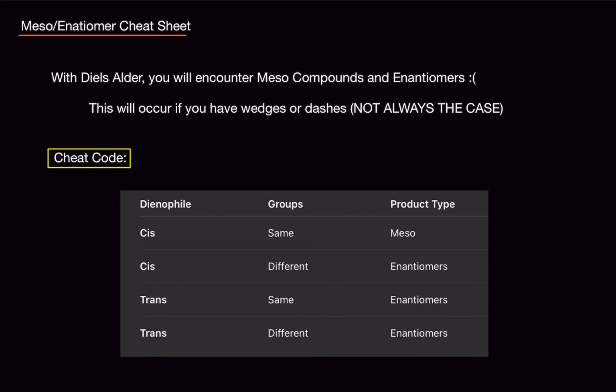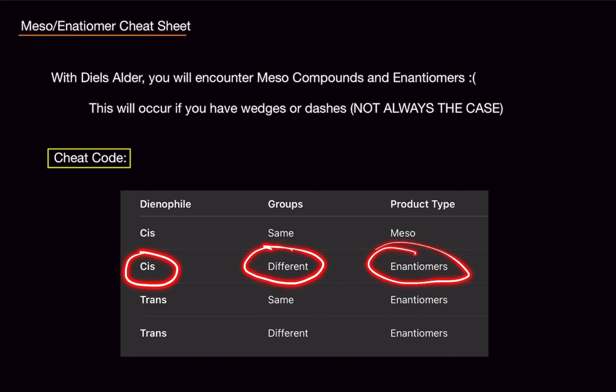So if the dienophile is cis, but the groups are the same, you're going to have a meso compound. You must state this in your answer if it asks. If your dienophile is cis, but the functional groups are different, you're going to have enantiomers, and you need to draw them.